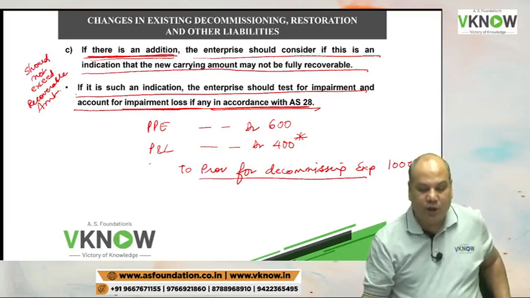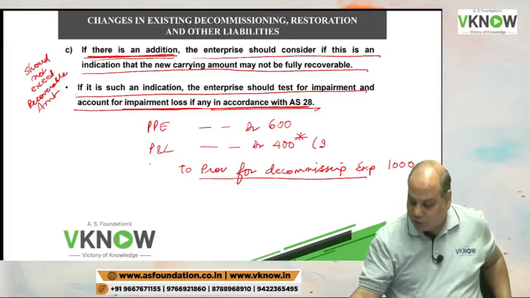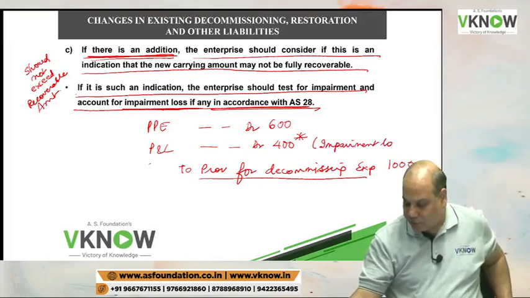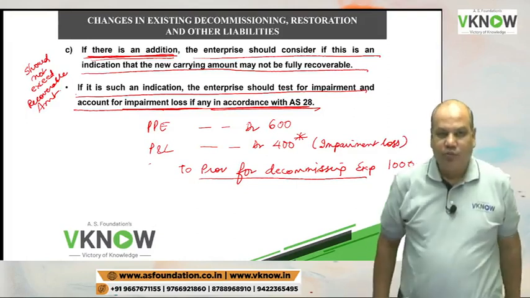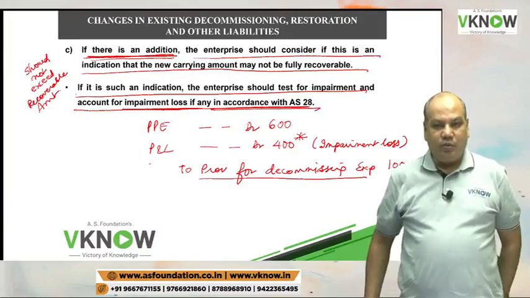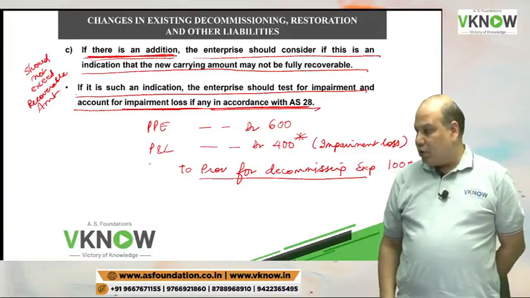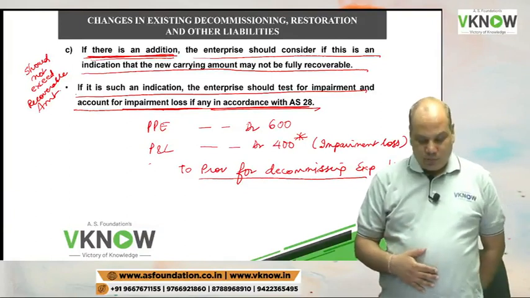If you can't pass the entry for more than 600 in the PPE account, then the remaining amount you can debit to the P&L account, and this will be treated like an impairment loss, because the value cannot exceed the recoverable amount.